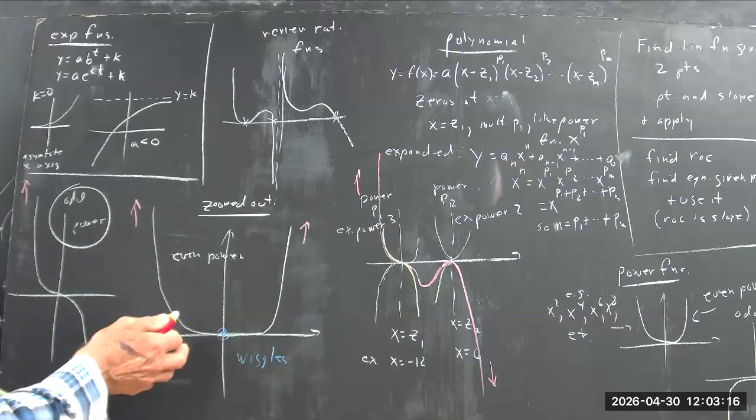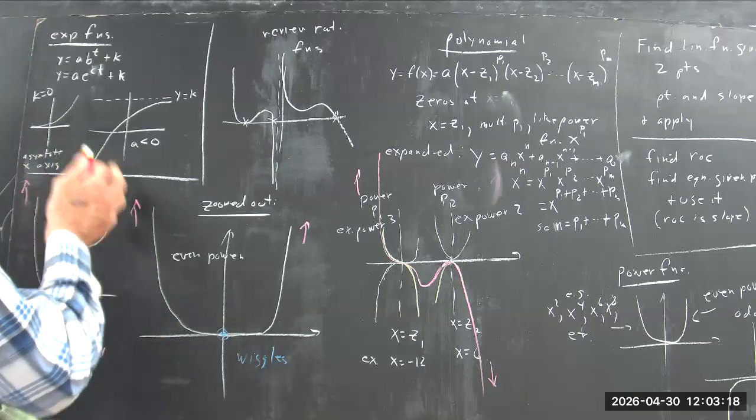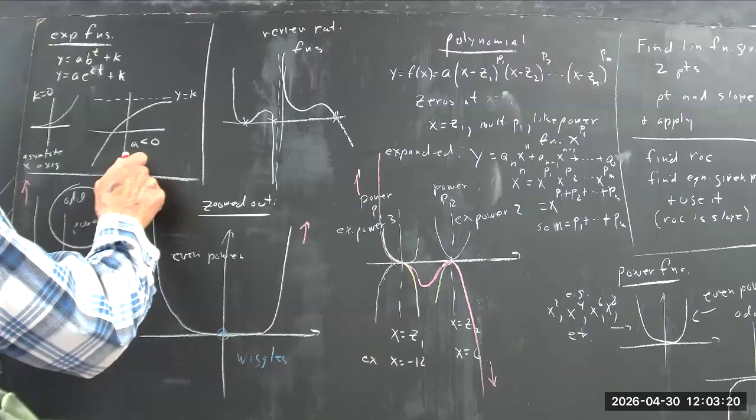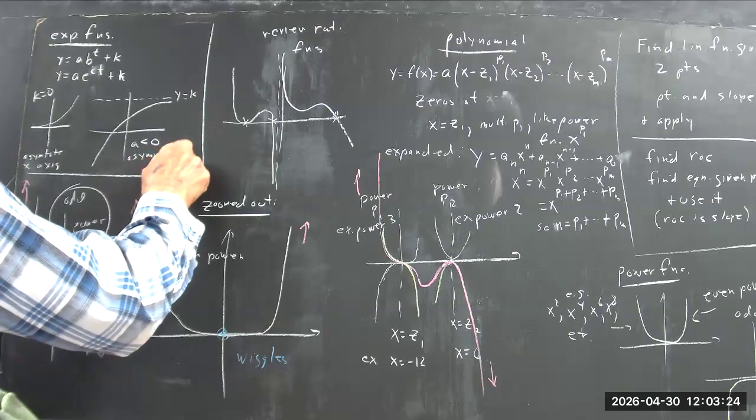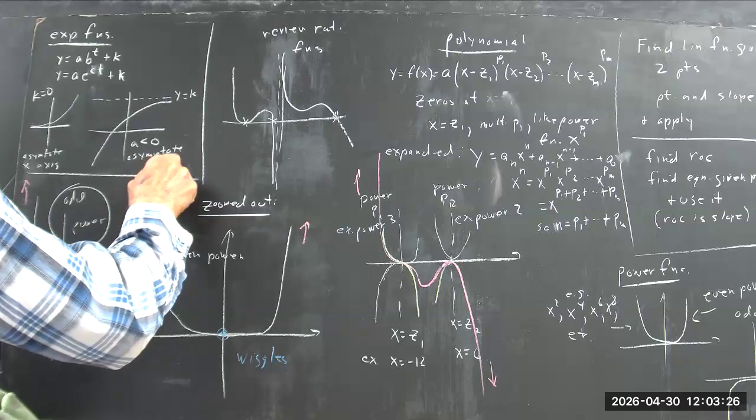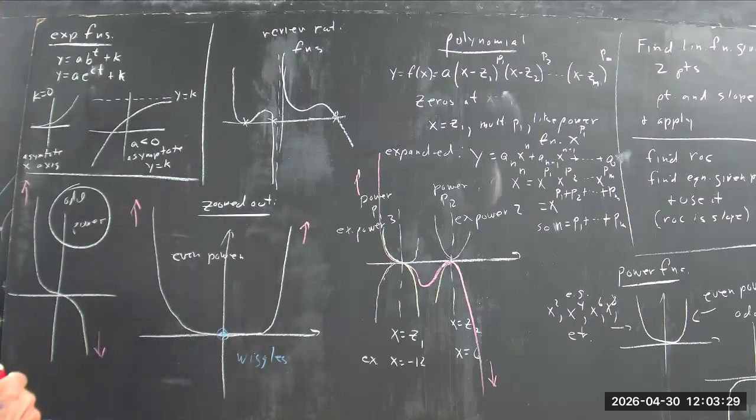It's actually turned around and reflected. I don't want to go into that much detail right here. A would be negative. The asymptote would be at y equals k.